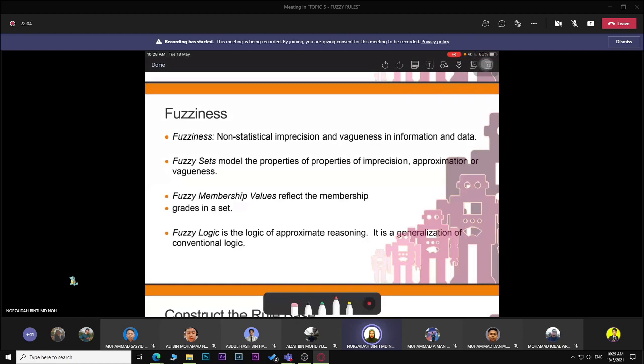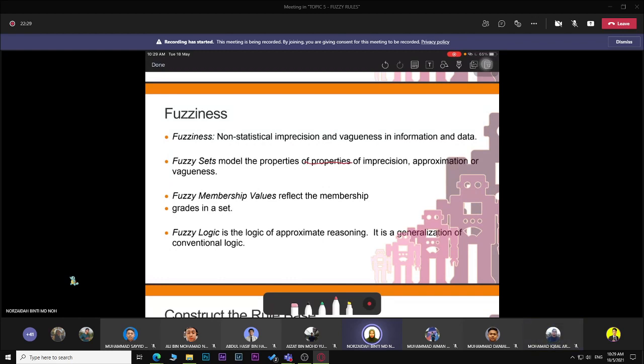When we talk about fuzzy sets usually model the properties of imprecision, approximation and vagueness. Right? Berapa banyak dia punya belongingness into this set, semua tu kita modelkan dalam fuzzy set.